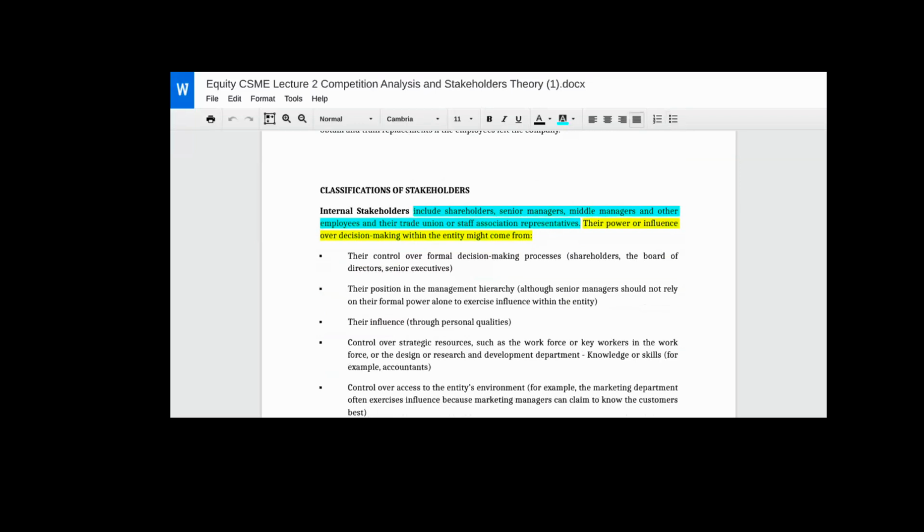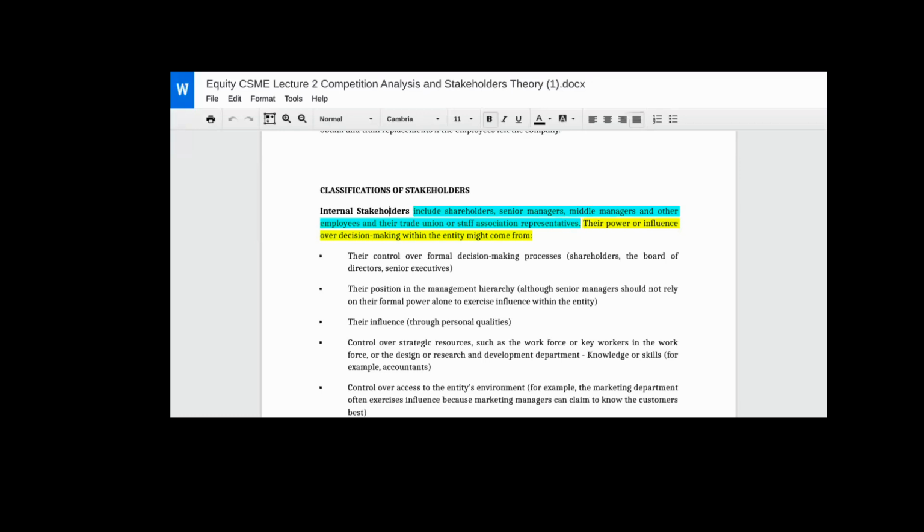For instance, we have the internal stakeholders. What are those people that we call internal stakeholders? The internal stakeholders are the categories of stakeholders that have cordial and very closer relationship with the company. They play active role in day-to-day operational processing and management of the company. They are valuable assets to the company, and as a result of that, they are much affected by the company policy, decision, and strategy.